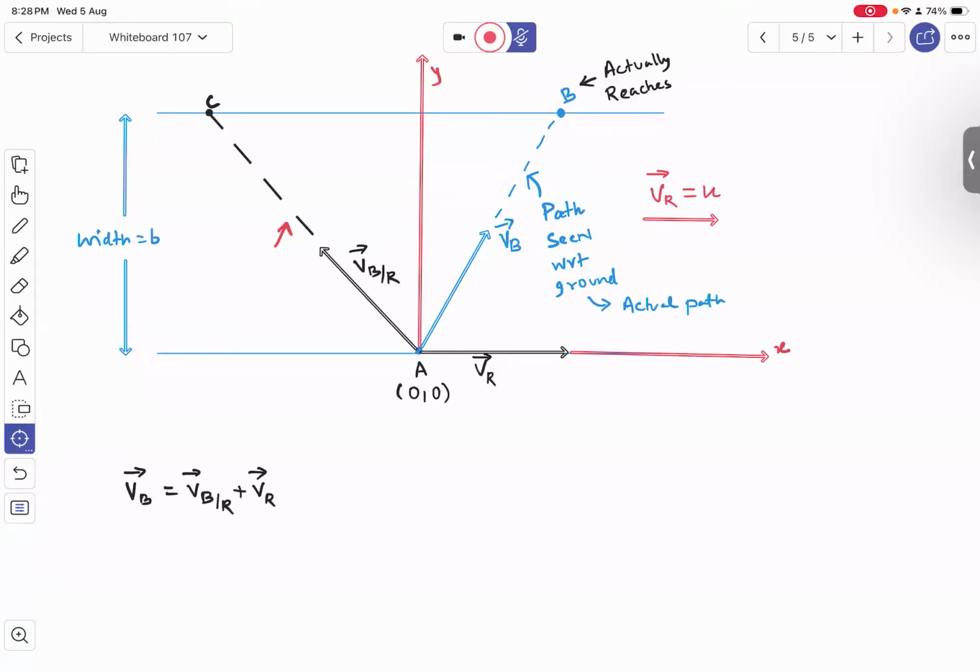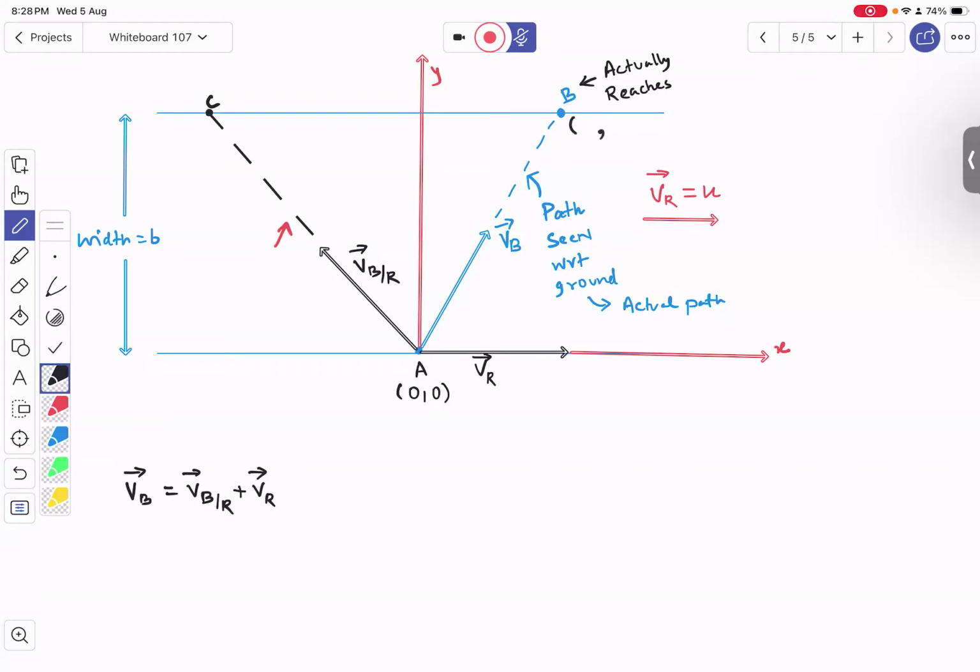So we found that the VB vector is along the line AB. It means the boat will be seen traveling along the path AB when observed from the ground frame. Whenever he reaches the other side of the bank at point B, what is the y coordinate he will have?